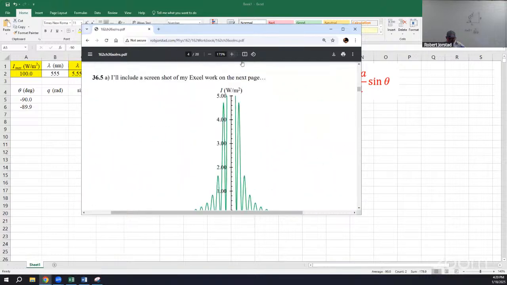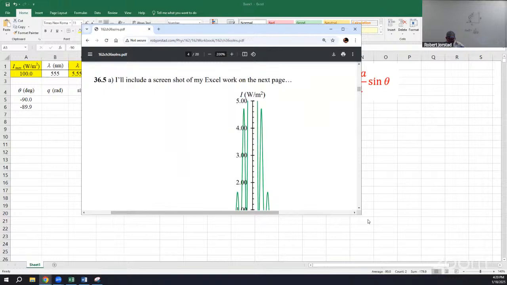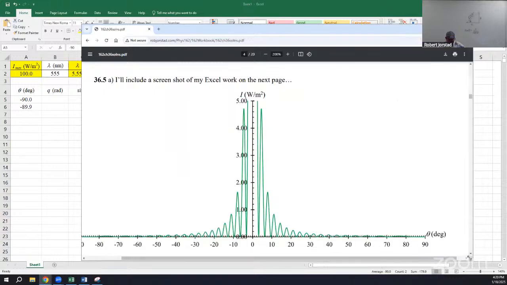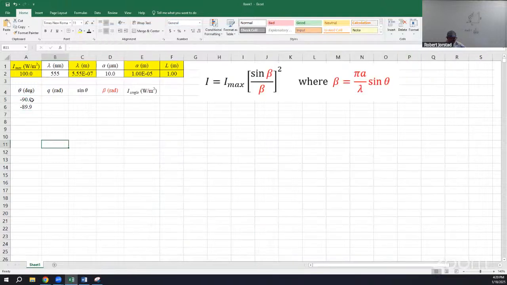And if we zoom in a bit and look down here, this is what we're trying to make. You'll notice that it's changing quite rapidly. So we're going to need multiple points per 1 degree to get these peaks to show up right. So that's why I'm choosing to go by such a small increment size.